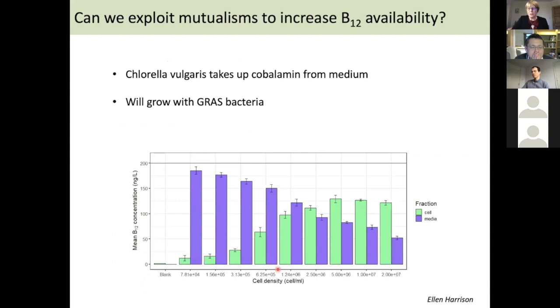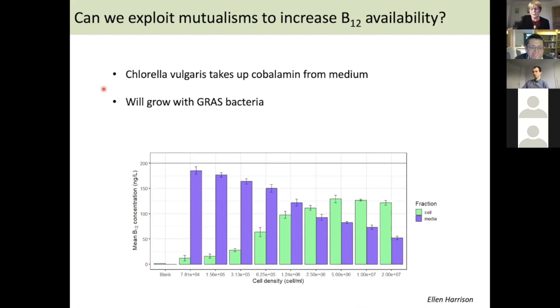So what we wanted to do was to see whether we could use this approach to try and increase vitamin B12 bioavailability. And Chlorella vulgaris, this licensed microalga I mentioned before, my student Ellen Harrison was able to show that it can take up vitamin B12 or cobalamin from the medium.